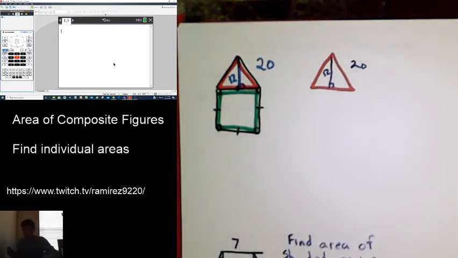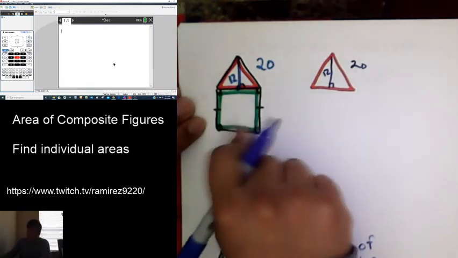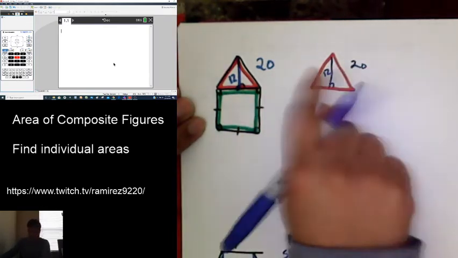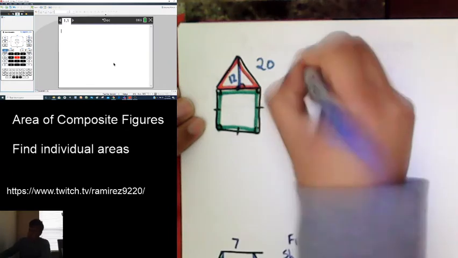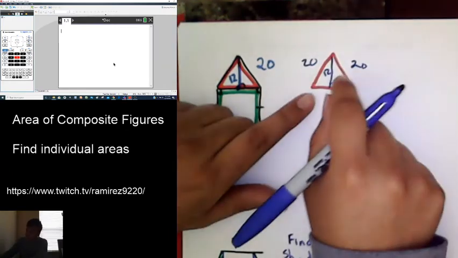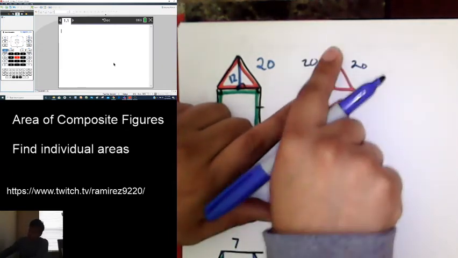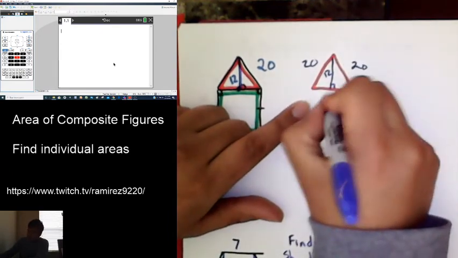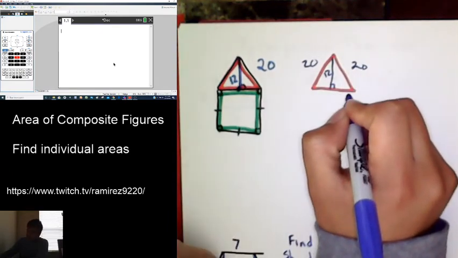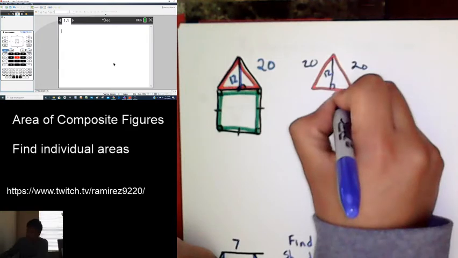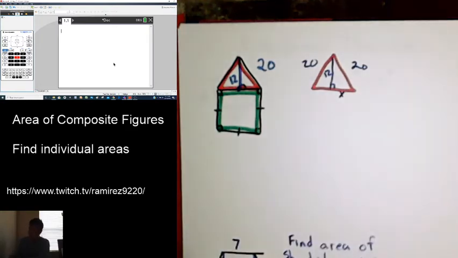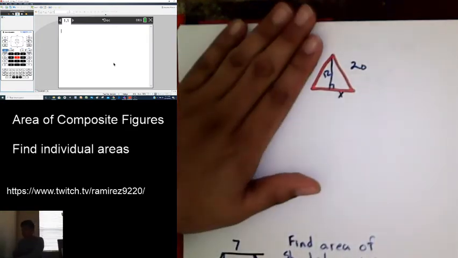Well, here's the thing. Because I have an actual square at the bottom, it turns out that this is a very nice isosceles triangle. And since this line cuts it right down the middle, we could just say that we're going to call this x for now. Okay, so you don't even need to know that part.